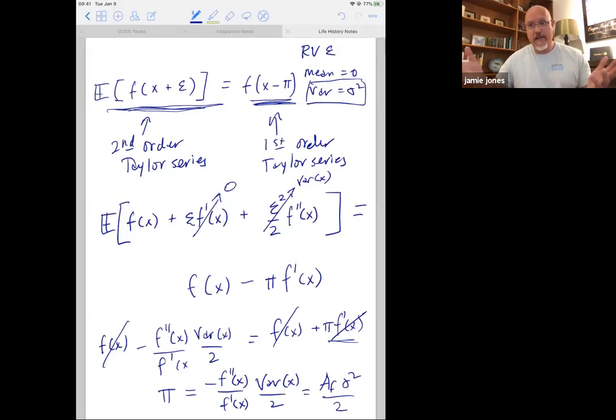So the more variable, the bigger the distance between the high and the low for a gamble that involves two outcomes, the more variable it is, the more risk averse you are. The greater the curvature, as measured through the Arrow-Pratt index, the more risk averse you are. And those both enter linearly, at least for these small approximations.